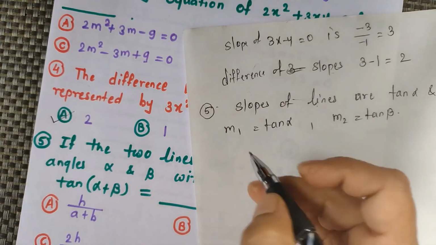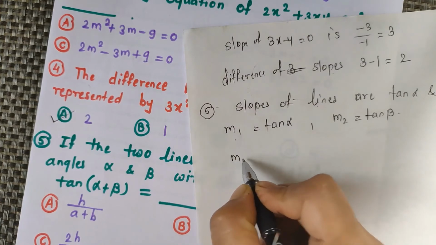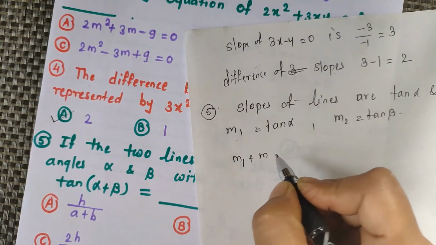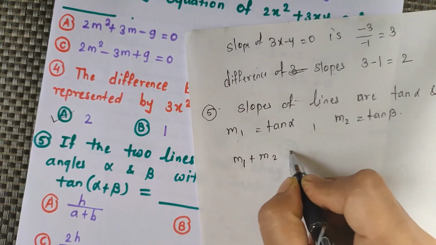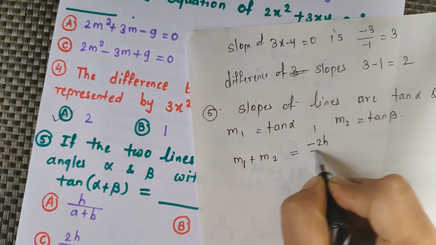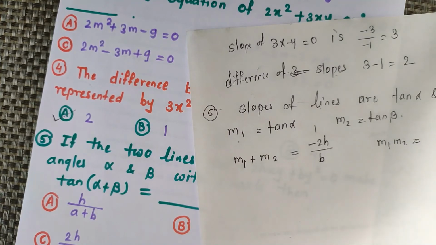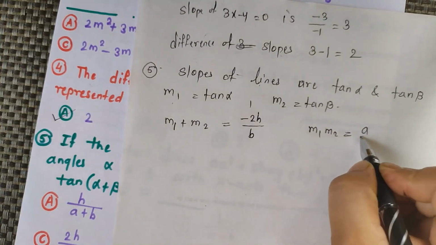We know that for the slopes of lines, the sum of slopes m1 plus m2 is given by minus 2h upon b, and the product of slopes m1 m2 is equal to a upon b.